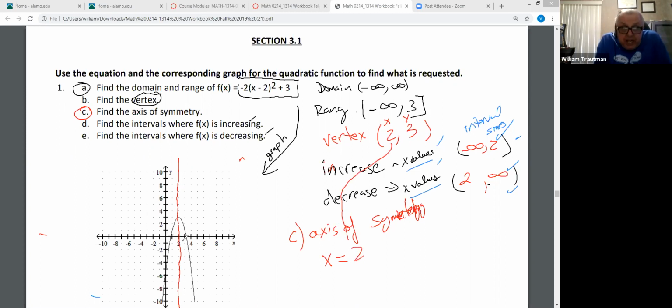You see it goes right down 2. Axis of symmetry is always labeled x equals, and wherever the vertex is at, this time the vertex is at 2, it's x equals 2. That's the axis of symmetry. So once you have the vertex, the axis of symmetry is just going to be that. But you have to label it x equals 2.